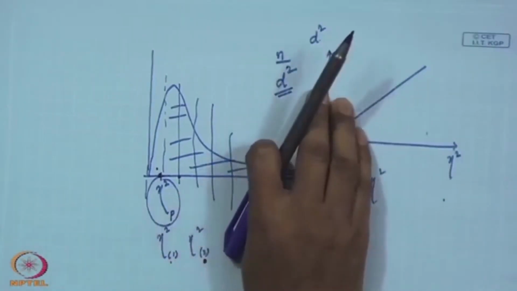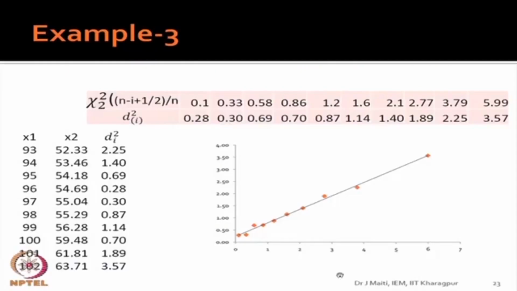Now, see the problem given here. This is my data set, bivariate case. We have considered 10 points, 1 to 10, and this is my first observation, 93, 52.33. My second observation is 94, 53.46, like this. What we have done is calculate the distance of the first observation from the mean value of x1 and x2.